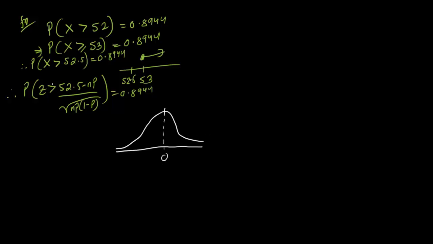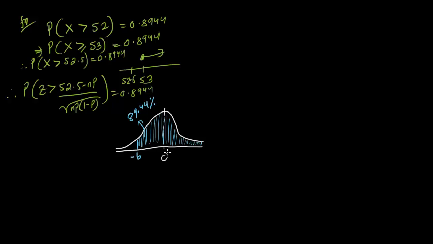So greater than means we have to start shading from the right hand side. So if we start shading from here, and keep shading, this is half of it. This is 50%. We need more. We need almost 90%, 89 point something. So we stop over here. So this is 89.44%, 0.8944.